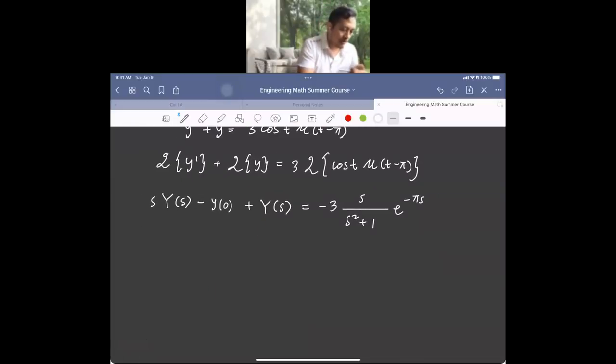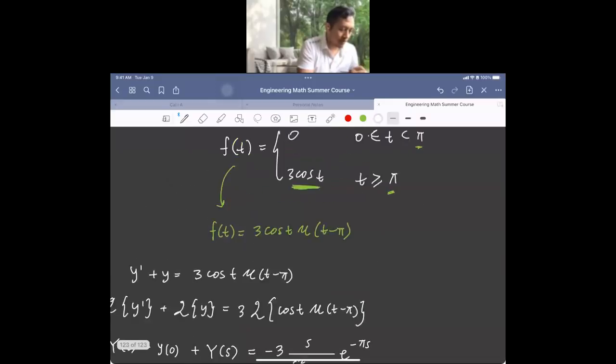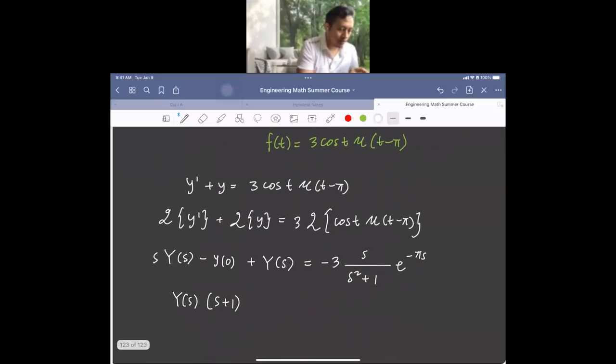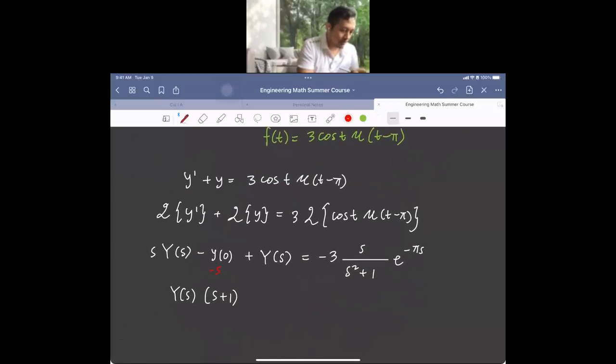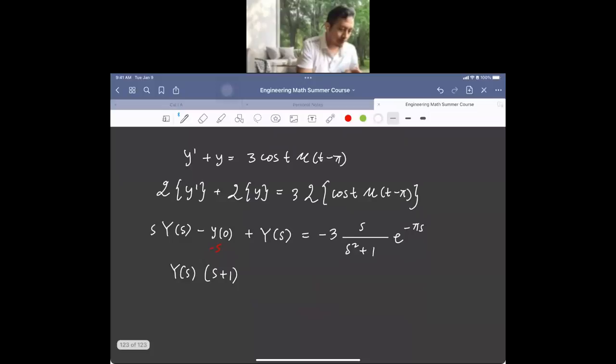Okay, what else do we need to take? We need to group this. y(0) is 5, so this is negative 5. So we will have 5 minus 3s divided by s squared plus 1, e to the negative pi s.